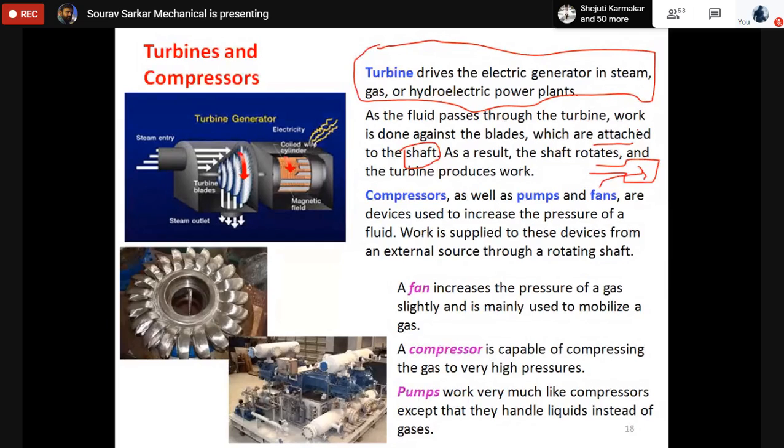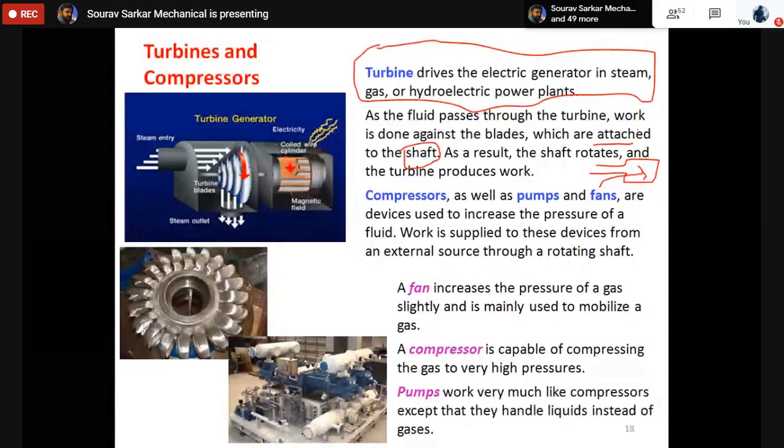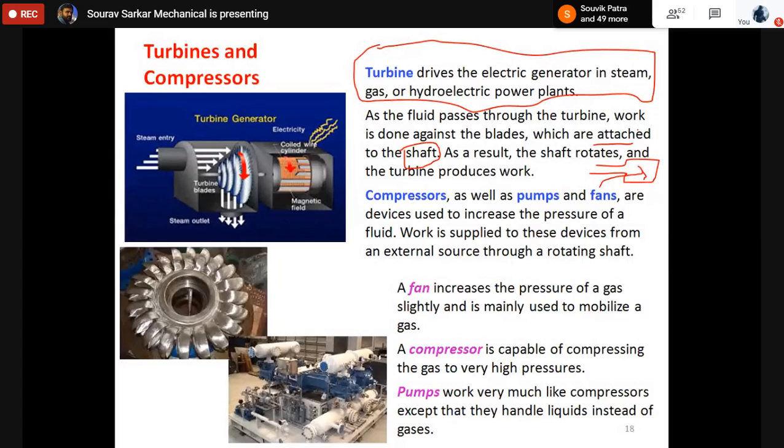One is called a power producing device, one is called a power absorbing device. The device which extracts energy from the incoming fluid is called a power producing device. Just like a turbine, your incoming fluid will have higher energy.